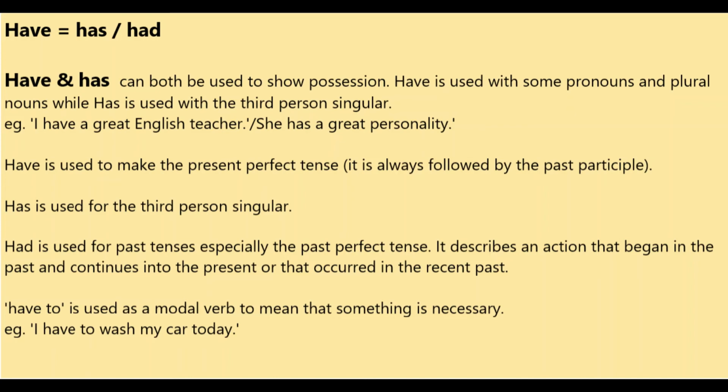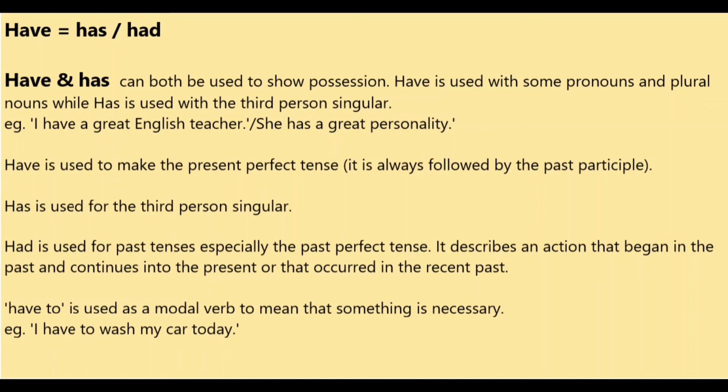Okay, there you can see the plural is used. So have is used for some pronouns or plural, while has is used for third person singular. He has a good umbrella. Have is used to make present perfect tense. That is another use of have. Has is used for third person singular.